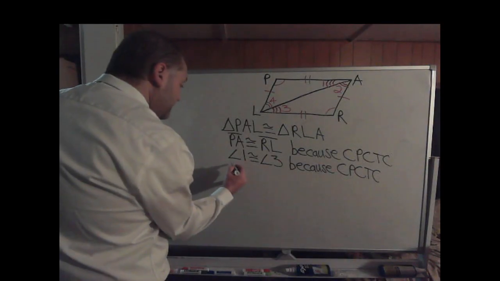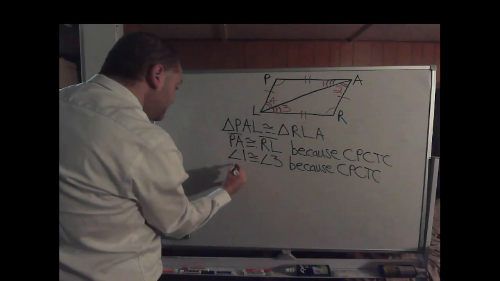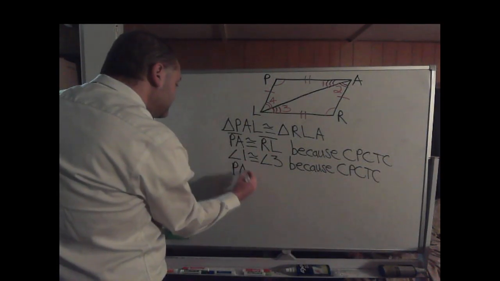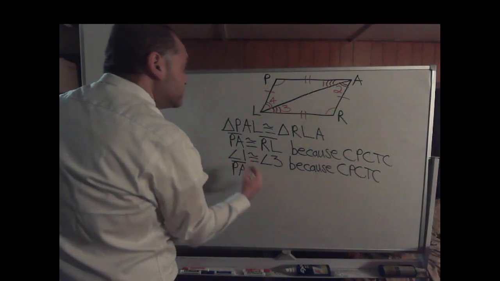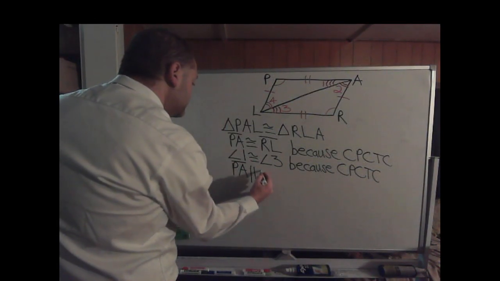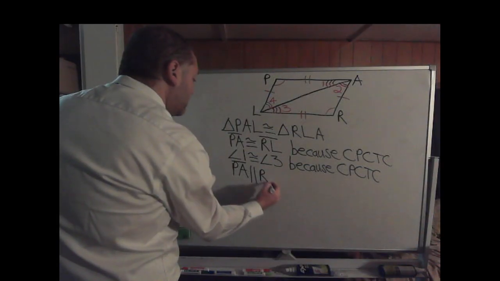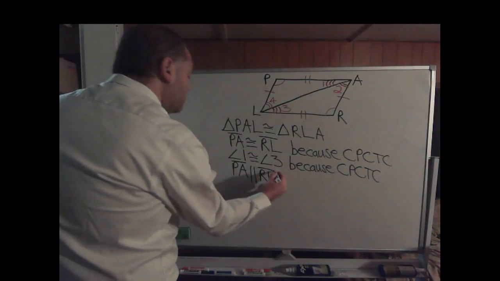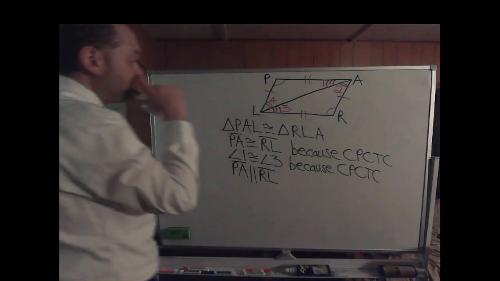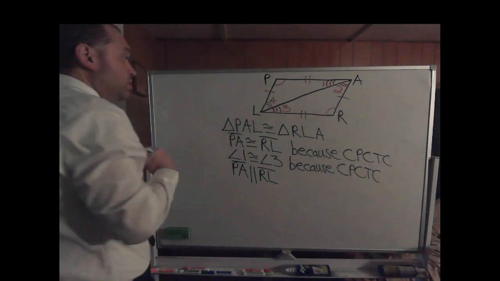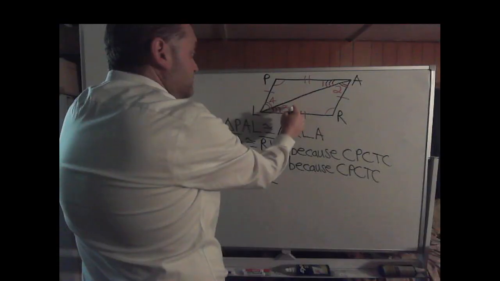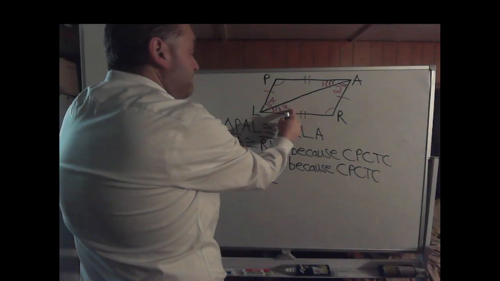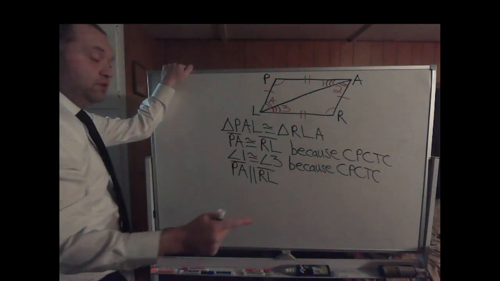Then we could say, next we can argue that PA, line segment PA, is parallel to line segment RL. Why is that? Okay, so again, look at your angles. Angle 1 and 3, those are alternate interior angles, right?